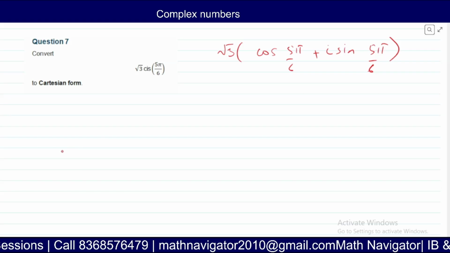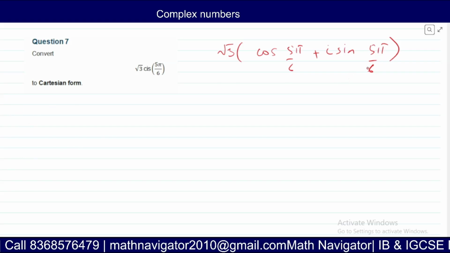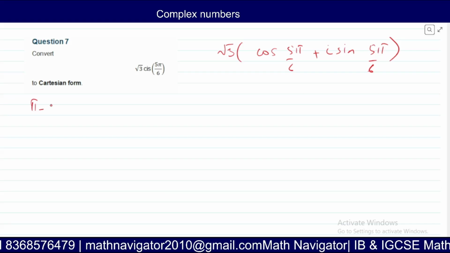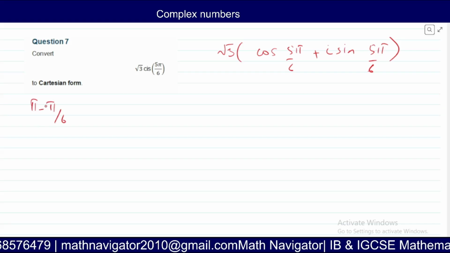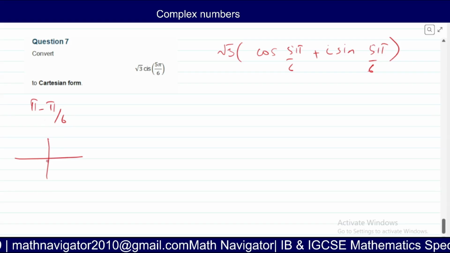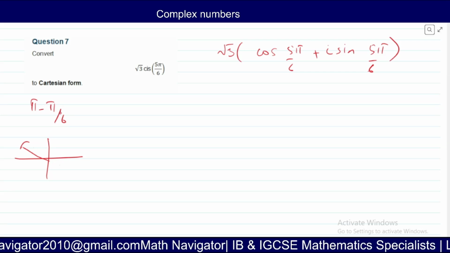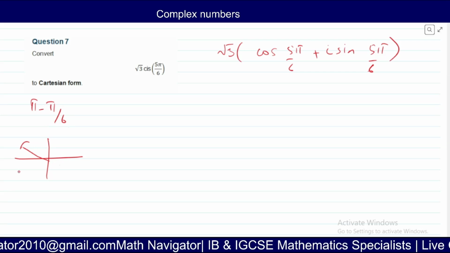So 5 pi by 6 is pi minus pi by 6. That means it will lie in the second quadrant. So pi minus theta is pi by 6, right?